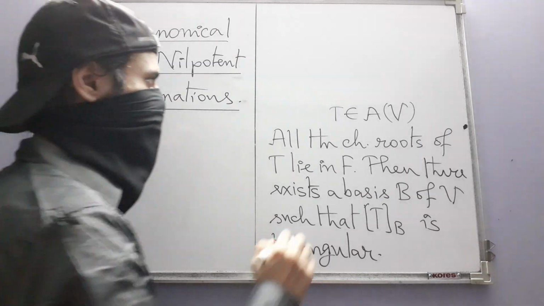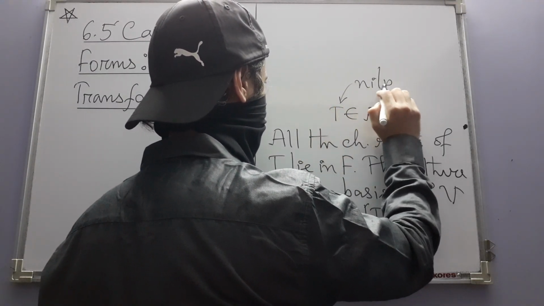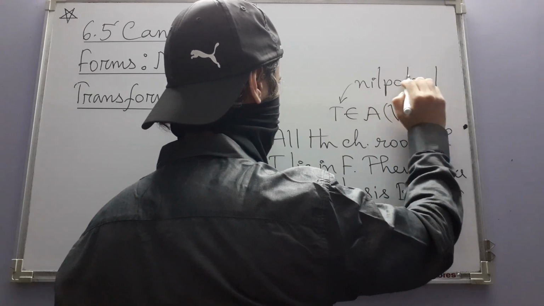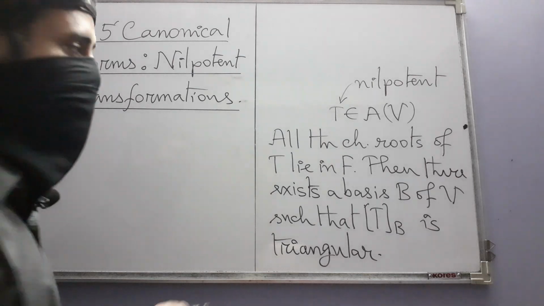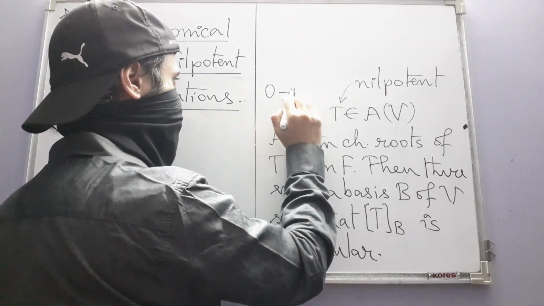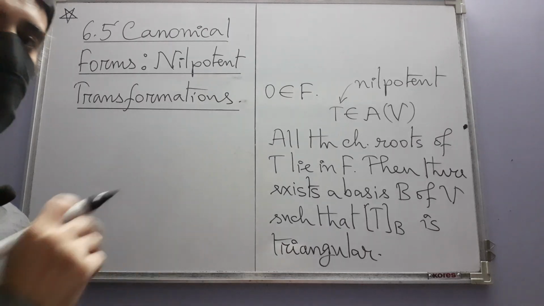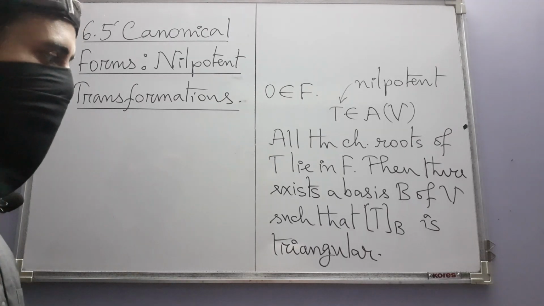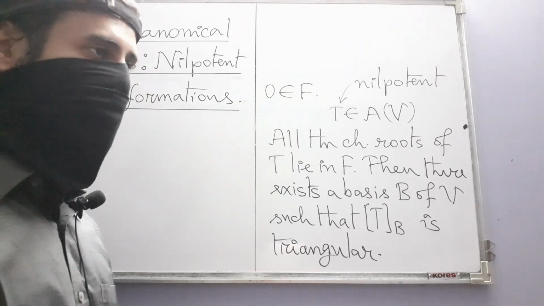Why? Because if your T in particular is nilpotent, then all its characteristic roots are 0. And that's why all of them belong to F in a trivial manner. So nilpotent transformations also can be triangularized.